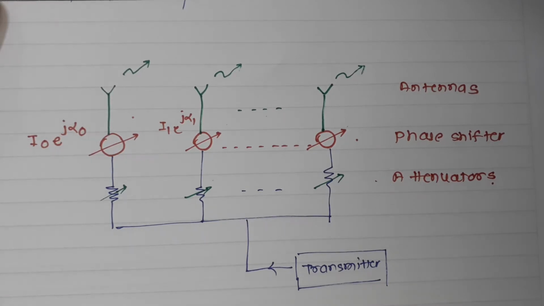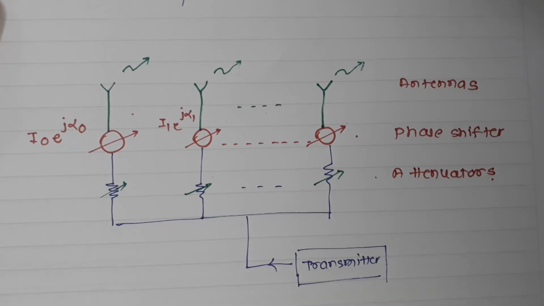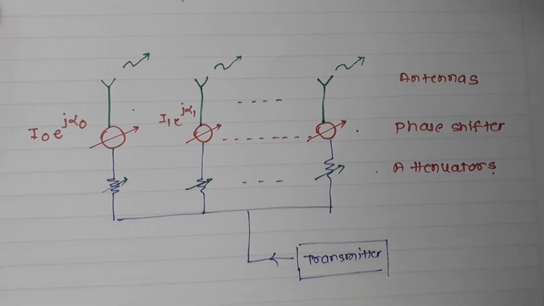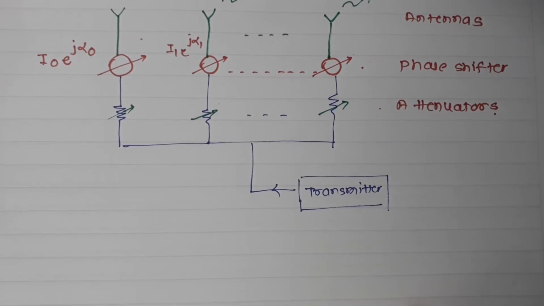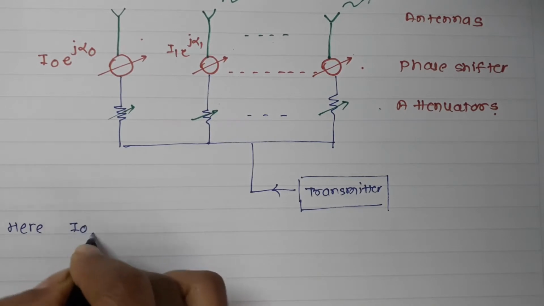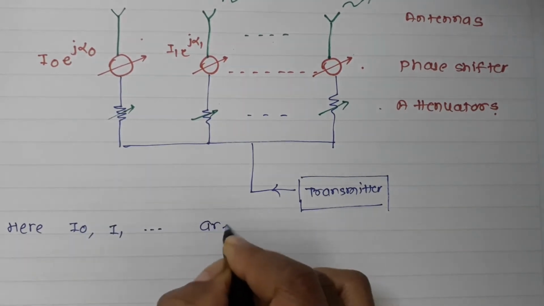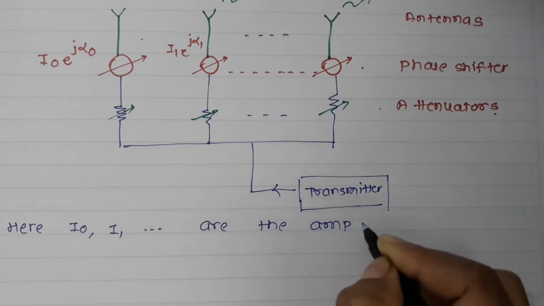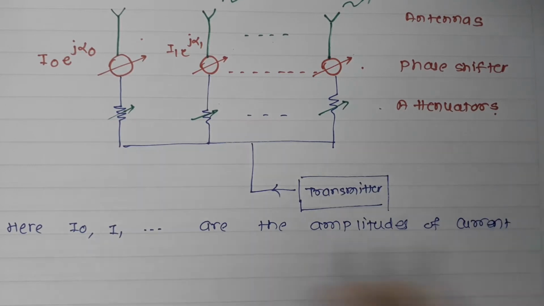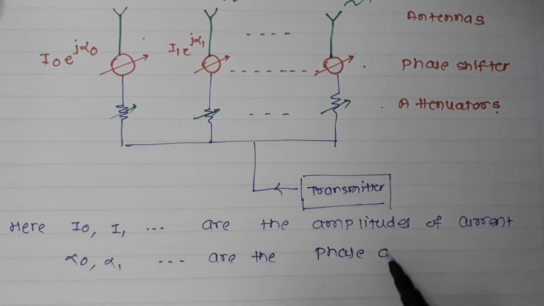The amplitude of the current supplied to an antenna determines the magnitude of the field radiated, whereas the phase angle given over here will determine the phase of the field. You can see the current provided is I0 e raised to j alpha 0 to this particular antenna. So I0, I1 are the amplitudes of currents, and alpha 0, alpha 1 are the phase angles of that particular current.